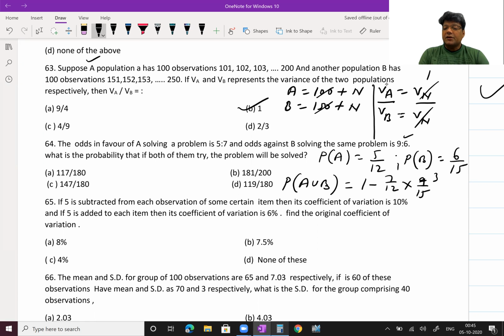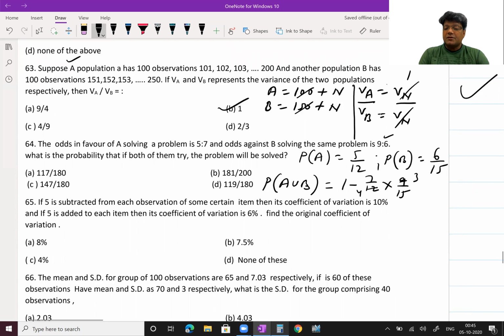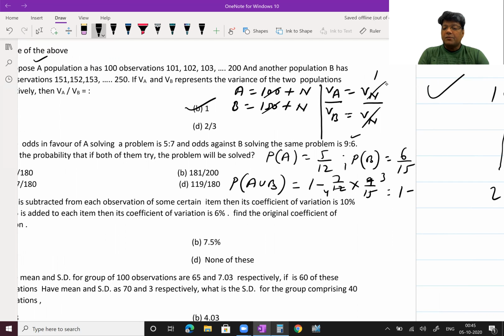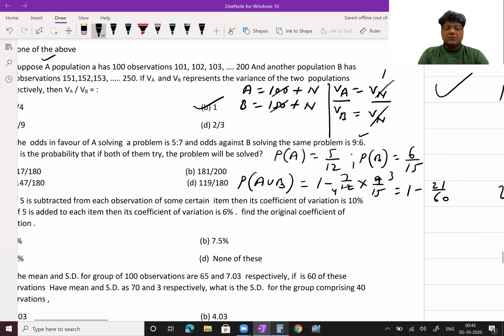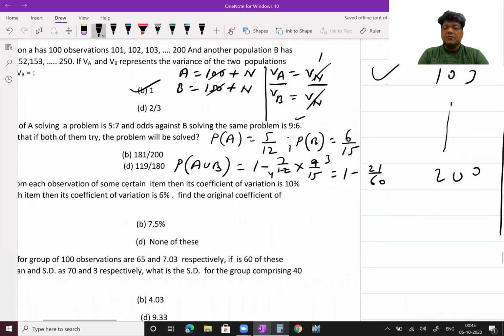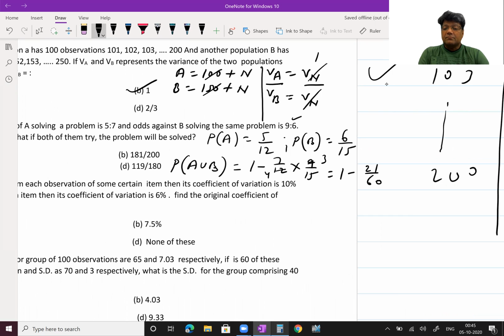So 3 3s are 9, 3 4s are 12. So this is equal to 1 minus 7 3s are 21 by 60, that is equal to 39 by 60 is the answer.